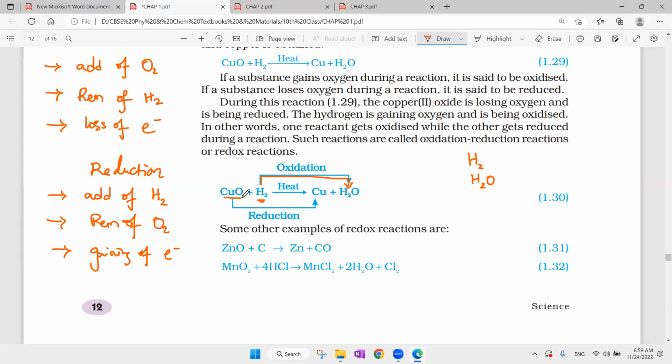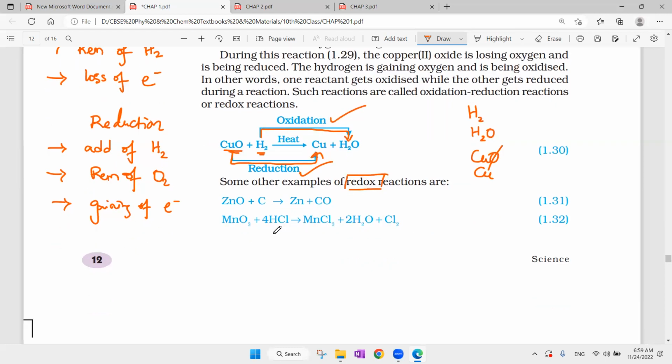Now if you observe CuO, on the reactant side we have CuO, on the product side we have only Cu, means oxygen is removed. CuO is undergoing the reduction process. In any equation where you observe oxidation as well as reduction, it is known as a redox reaction.